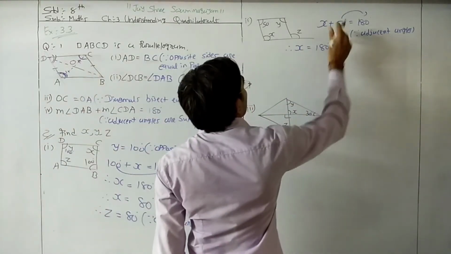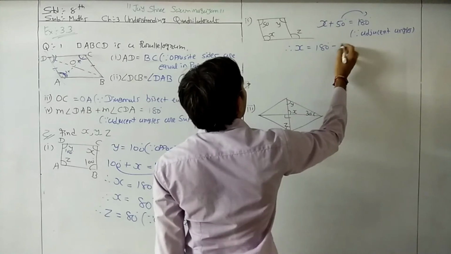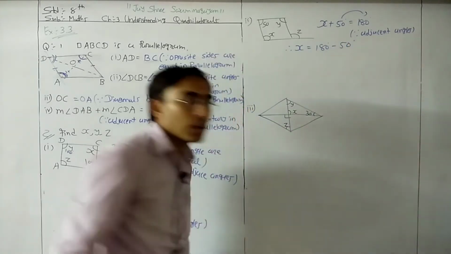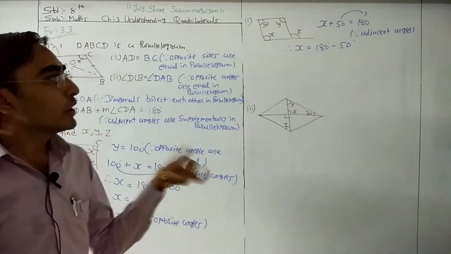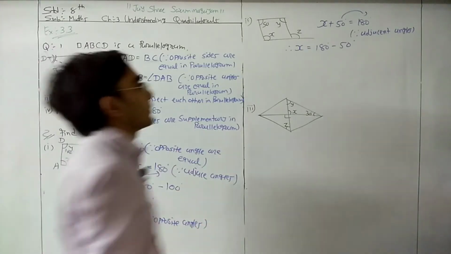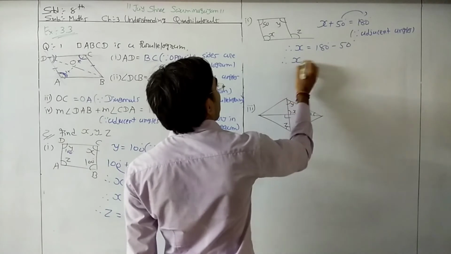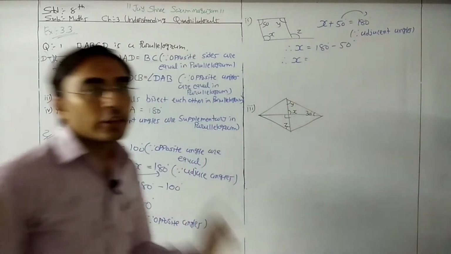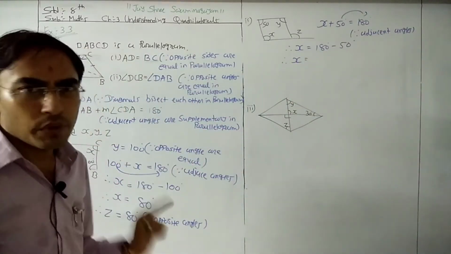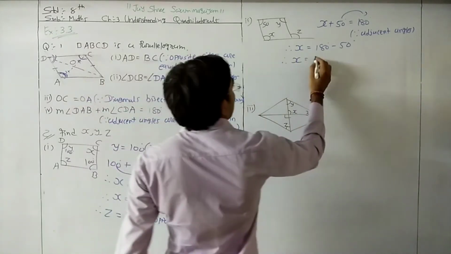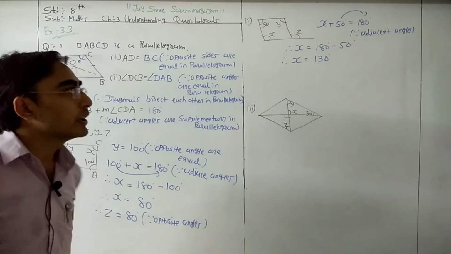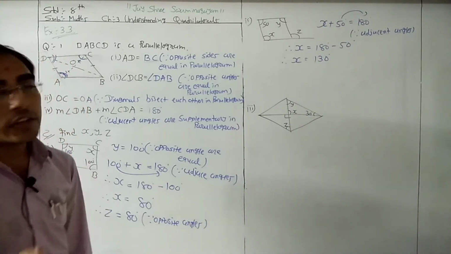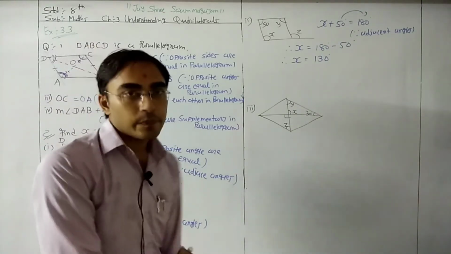So x is equal to 180 degrees minus 50 degrees. 180 degrees minus 50 degrees is 130 degrees. So our answer of x is 130.